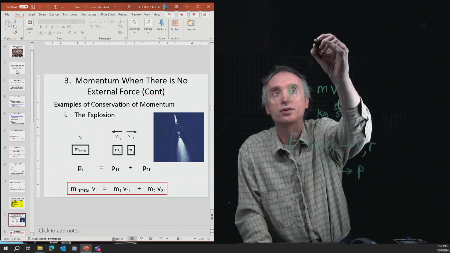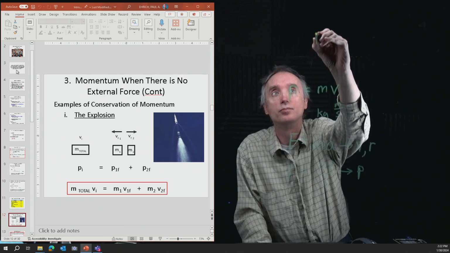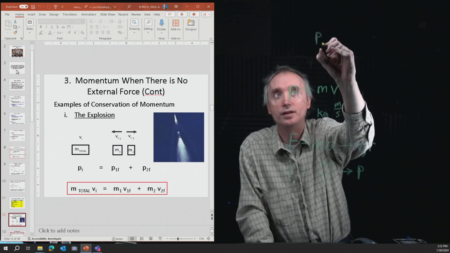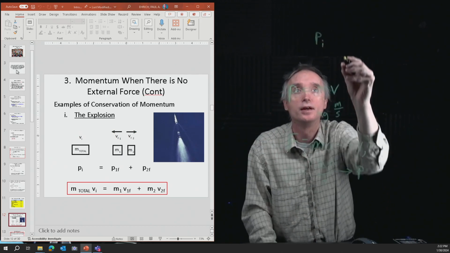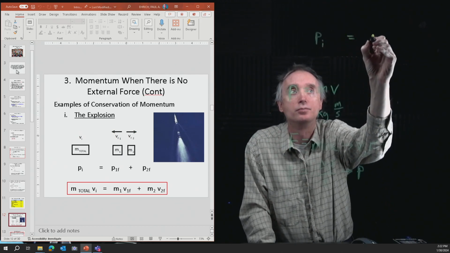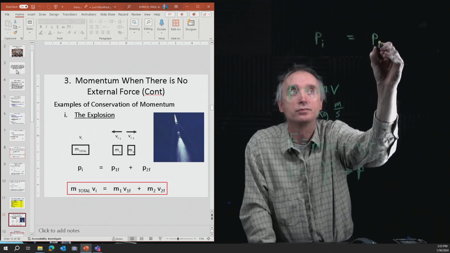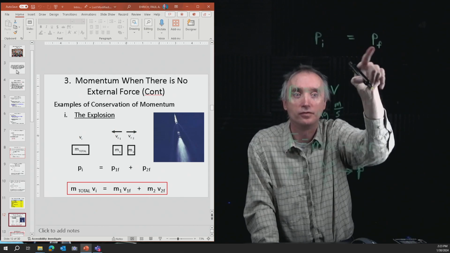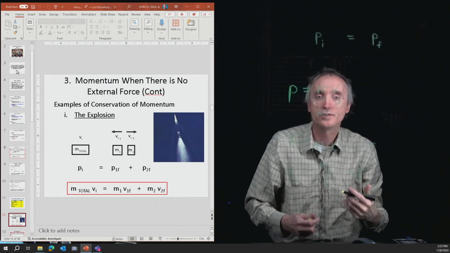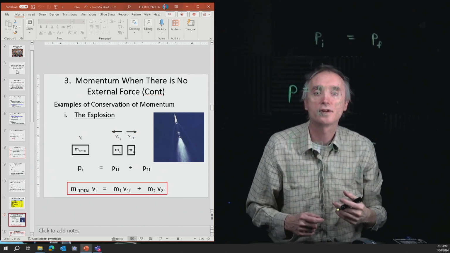We're going to start off with the momentum initial, before something happens, has to equal the momentum afterwards. So momentum initial has to equal the momentum final. So all of these applications are going to start out the same way.